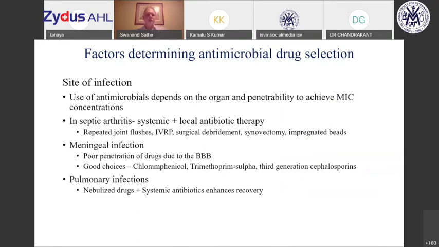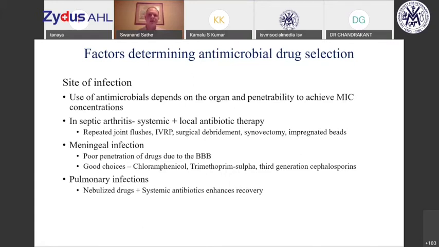Based on the site of infection, you can try and select certain antibiotics. We know that antibiotics need to achieve high concentrations, or high MIC values, at the site of infection, right? So based on what body systems are involved, you need to tailor-make your therapy or infuse antibiotics locally in some cases to maintain those high MIC values.